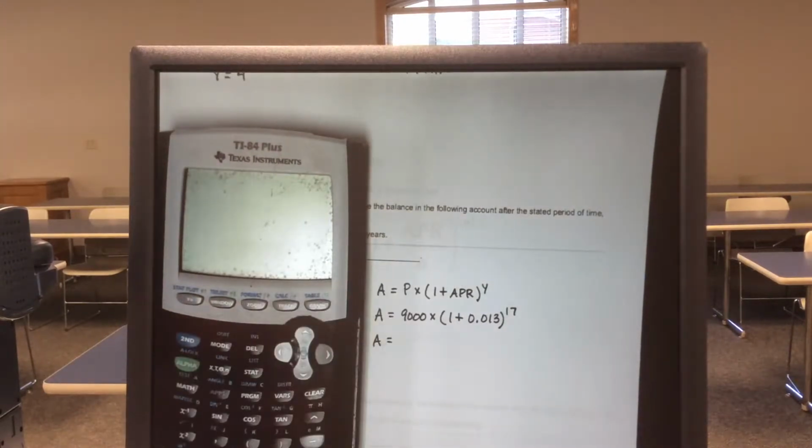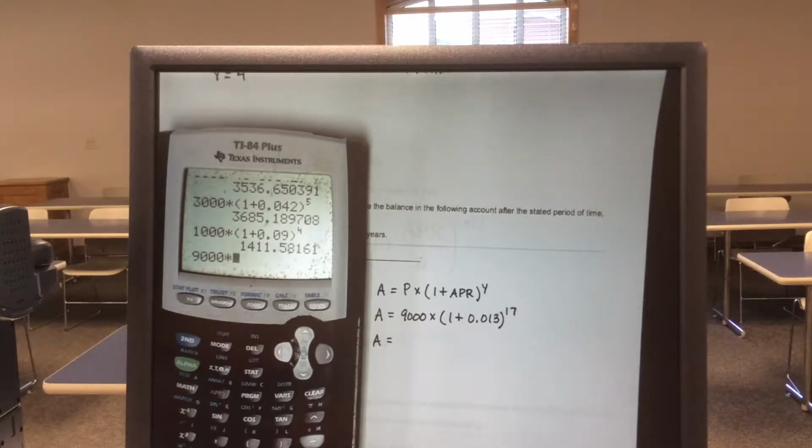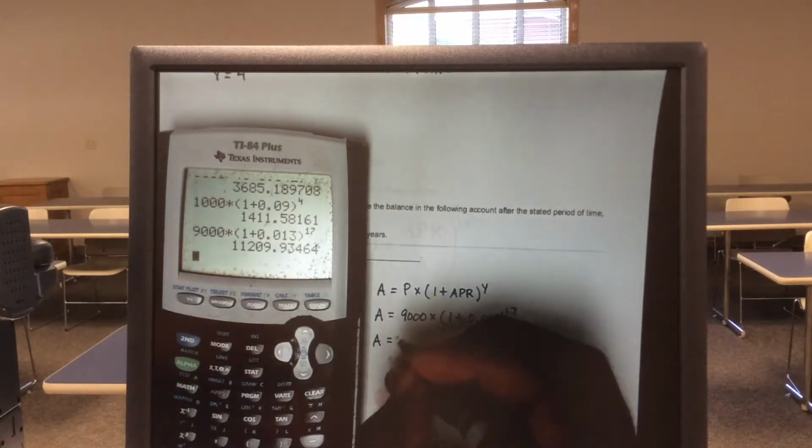And on the calculator, we type in 9,000 times, and then left parentheses, 1 plus 0.013, close parentheses, the hat key for your exponent, and then 17. And then hit enter.